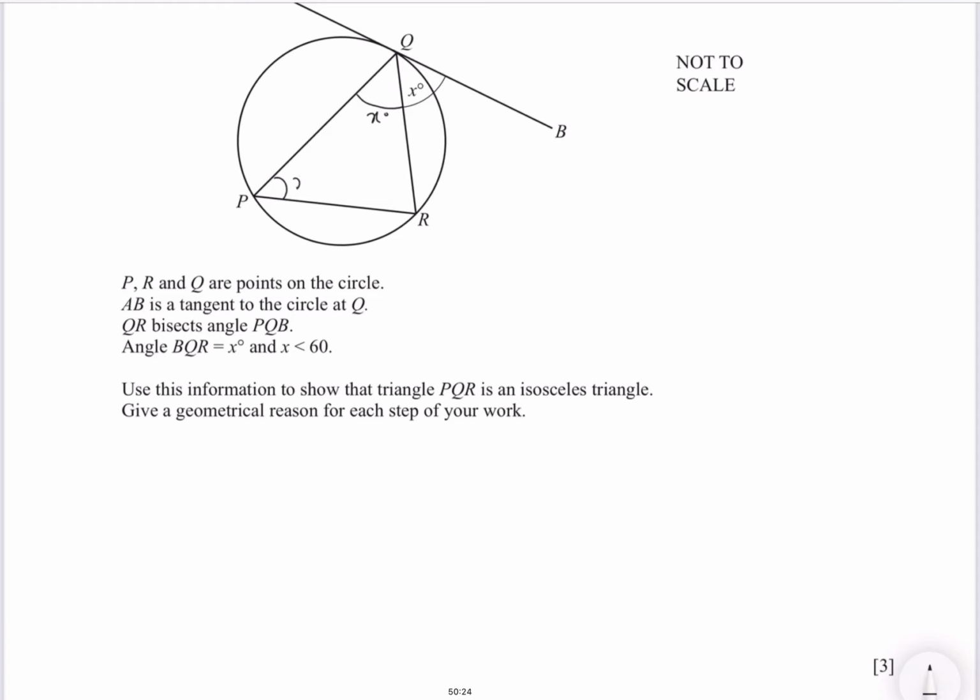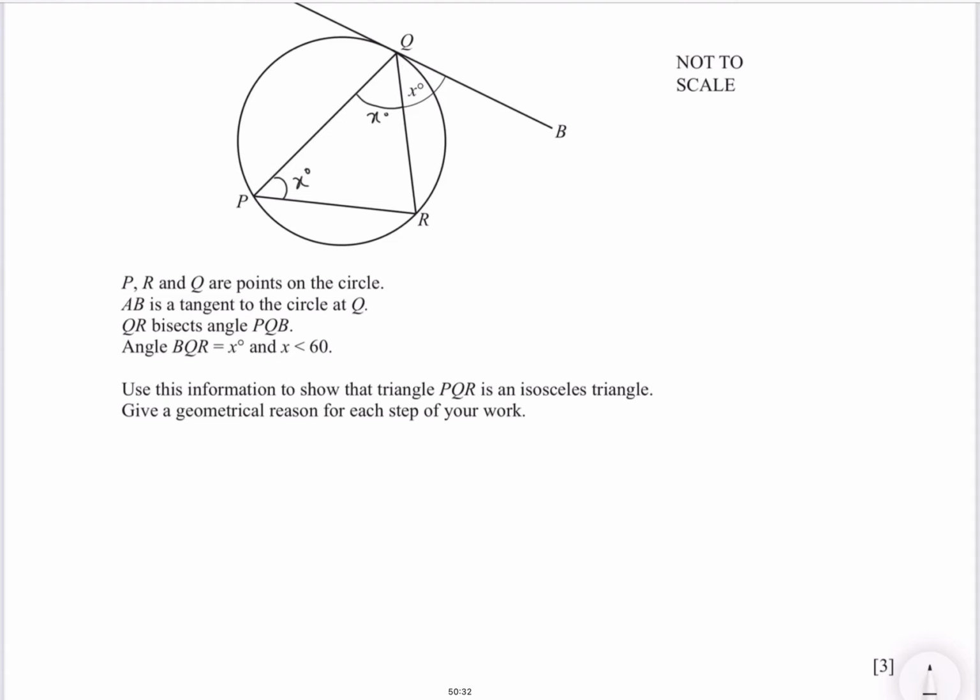At P, I can write angle x because I use a property of the alternate segment theorem. BQR is x, so on the alternate side inside the triangle on the circumference where P is written, the angle would also be the same.